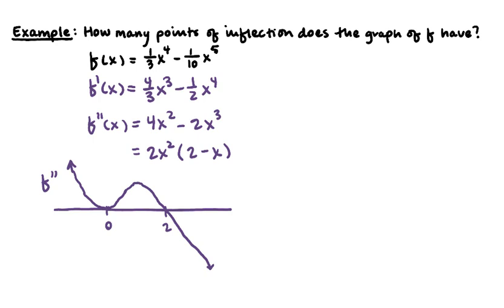And if there's not a sign change in the second derivative, it isn't going to be a point of inflection on the graph of the original. So I've got myself a point of inflection right there, and I'm going to say 1 sign change in f double prime. That means 1 point of inflection.